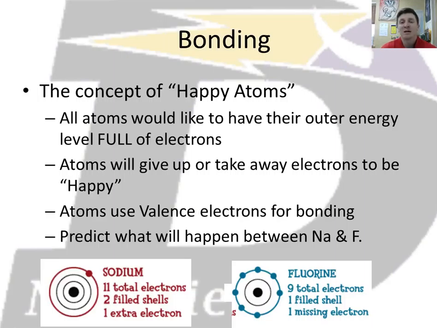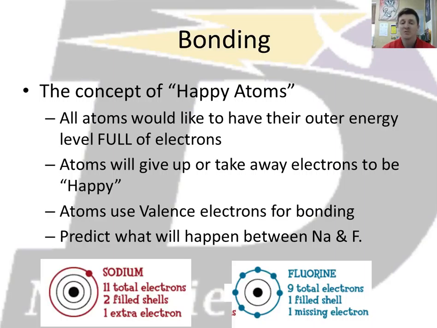So bonding, what is it? Well, basically a chemical bond will form between two atoms that are able to bond. And this is due to the concept of what we call happy atoms. So please understand that when we say happy atoms, we are referring to their outer energy level being full of electrons. And we talked about this as well as with the rule of octet.